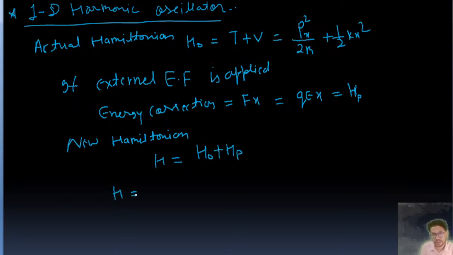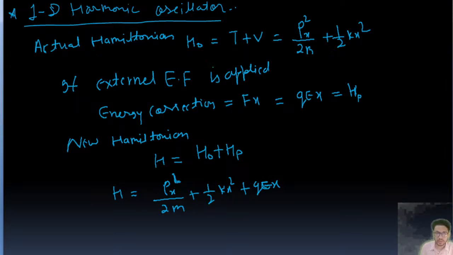So H is Px square upon 2m plus half Kx square plus HP value, which is QEx. This is the new Hamiltonian after perturbation of the simple harmonic oscillator.